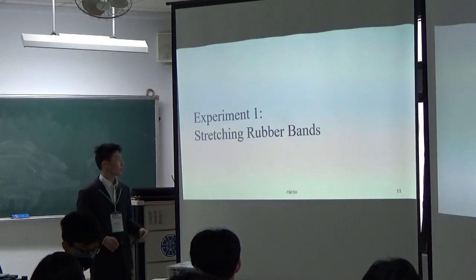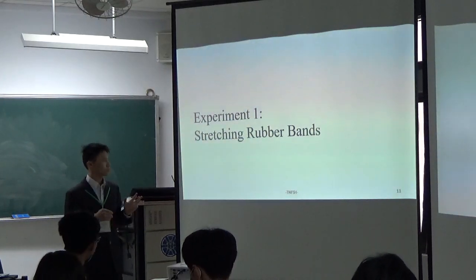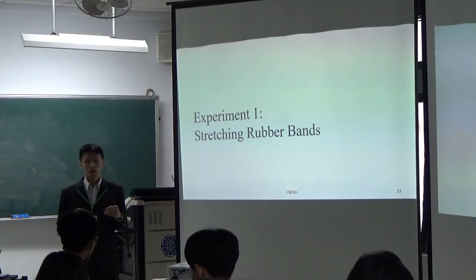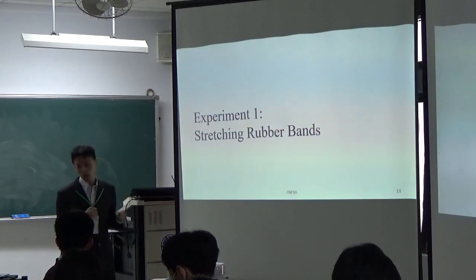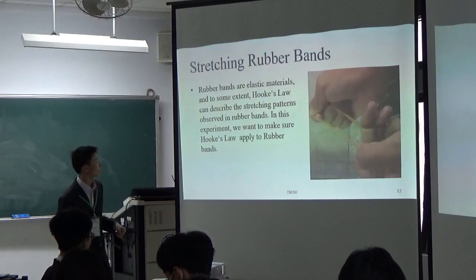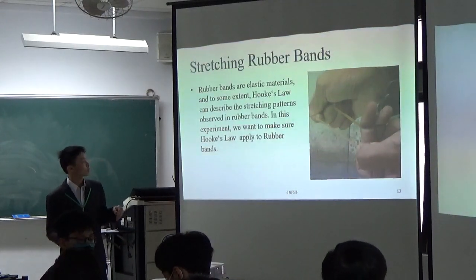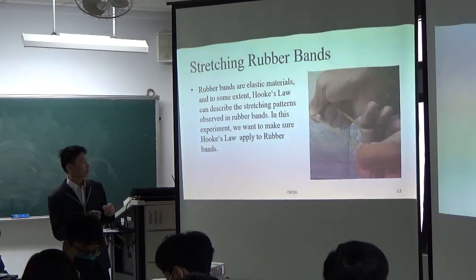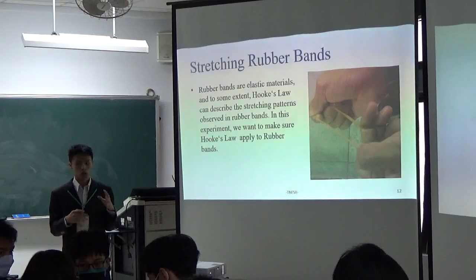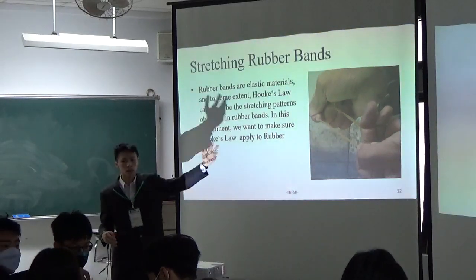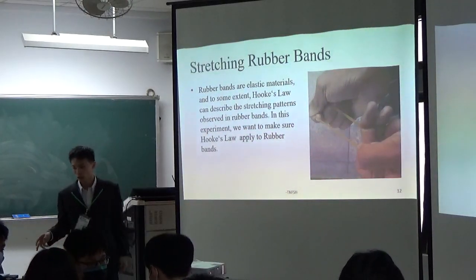So first, we do some experiments to fit our theory. First, we stretch our rubber band. Because a rubber band is an elastic material, we want to make sure that Hooke's law can apply to our rubber band.